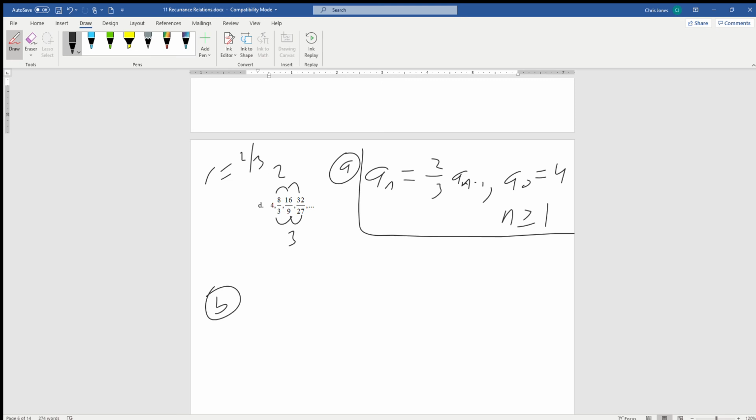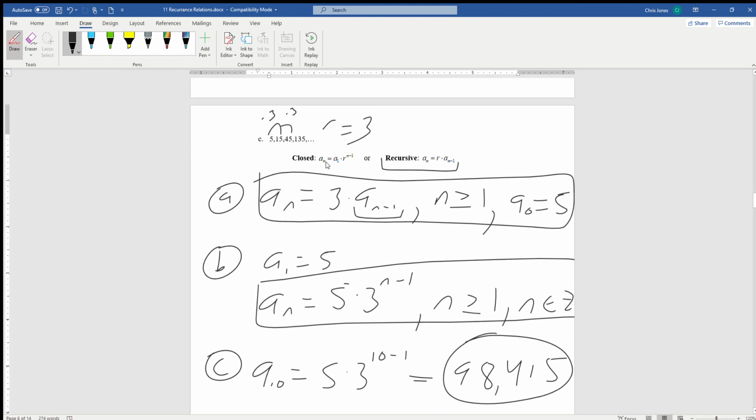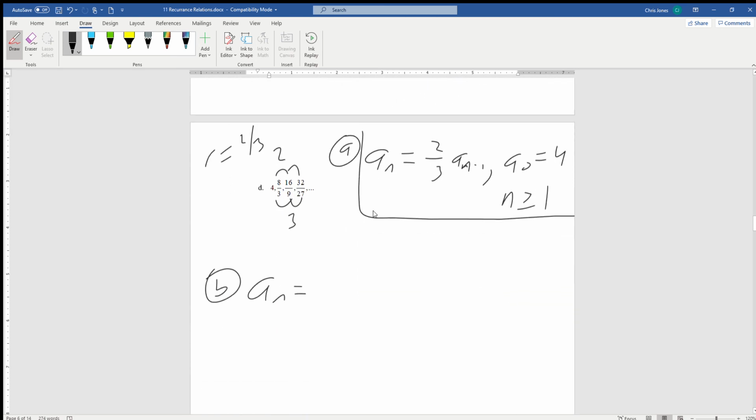If we want to try to put it into a closed form, a sub n, and we go back up and look at our formula. Our formula for our closed form is the initial value, which in this case was 4, times r to the n minus 1 power.